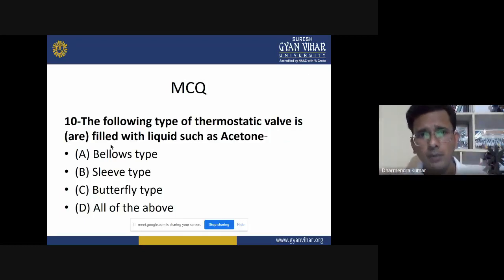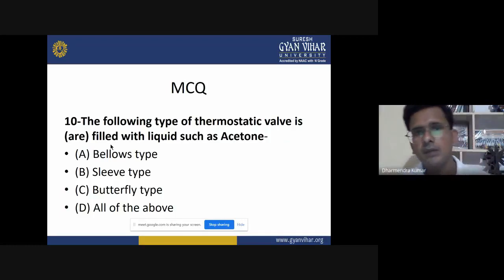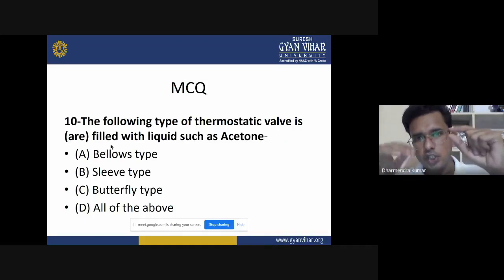If you're talking about the motorcycle engine, then we have seen various fin-like structures just above the engine parts.